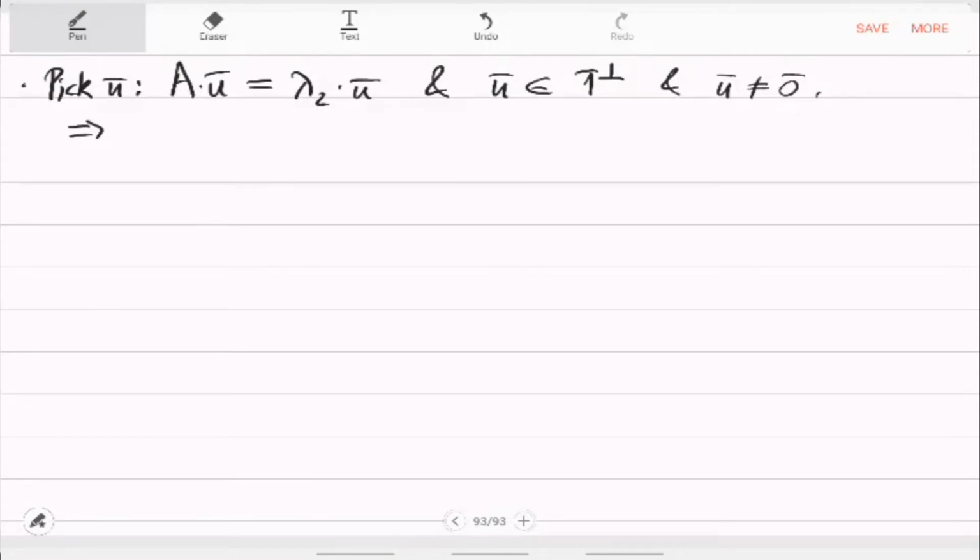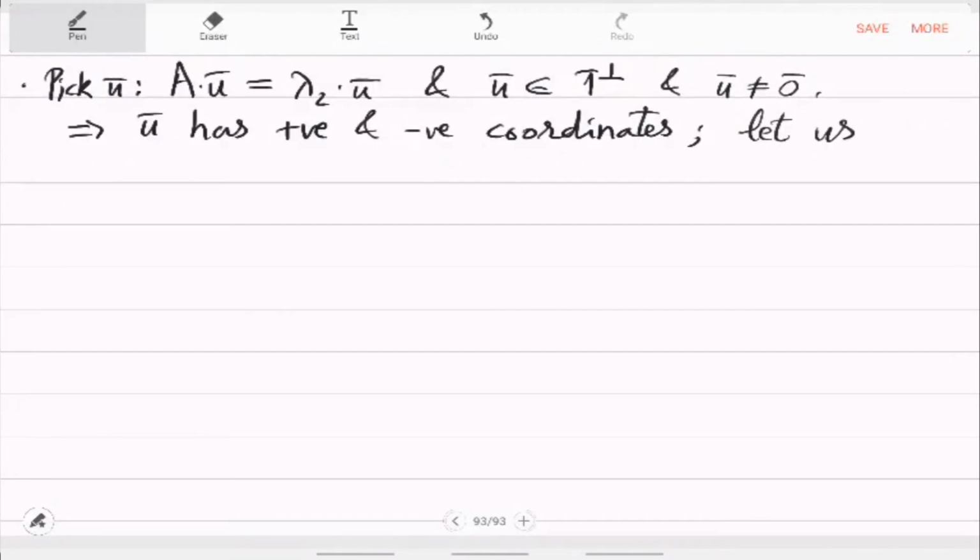So this means that u bar has positive and negative coordinates. Let us collect them in v bar and w bar respectively.